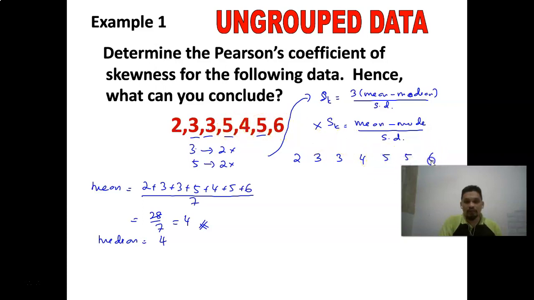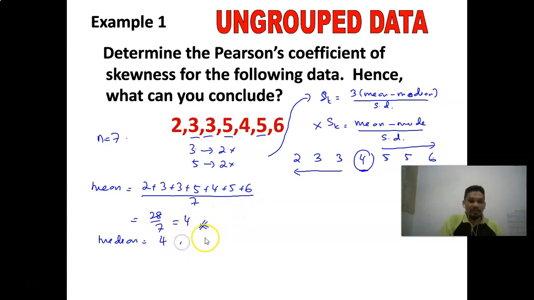So the number of data here is 1, 2, 3, 4, 5, 6, 7, equal to 7, and 7 is an odd number. Odd numbers mean that there is a value exactly in the middle. On the left side there are 3 numbers, and on the right side there are also 3 numbers. So the median is exactly the middle here, 4.